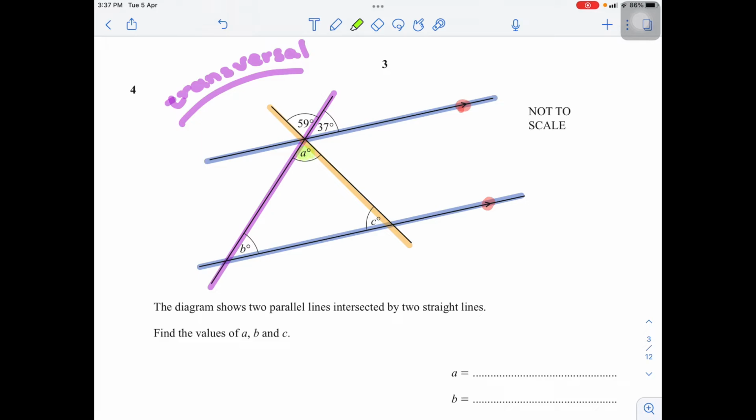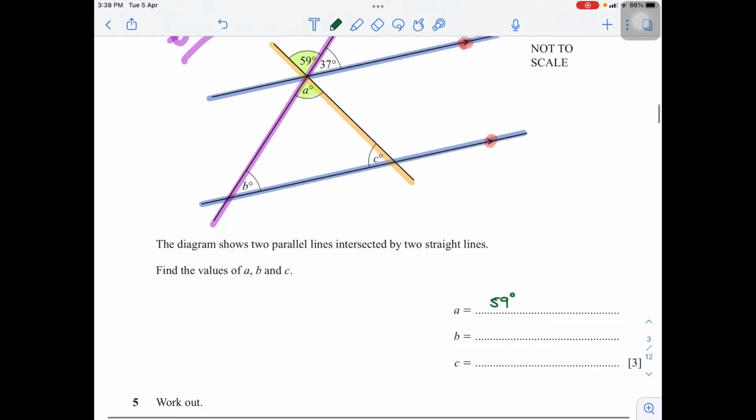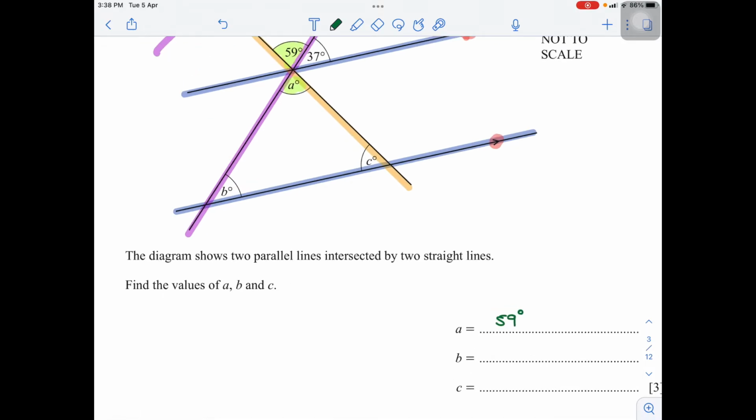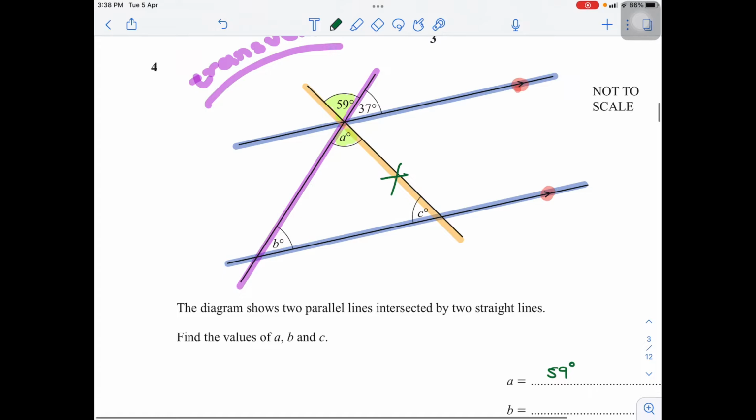Now this is same as that, because these are vertically opposite angles. So A is 59, vertically opposite angles. If I don't include this line, then I have this line and these two. So this is same as that.